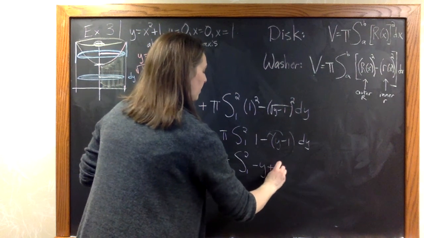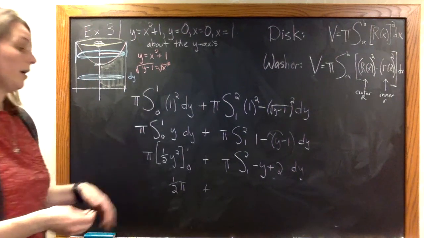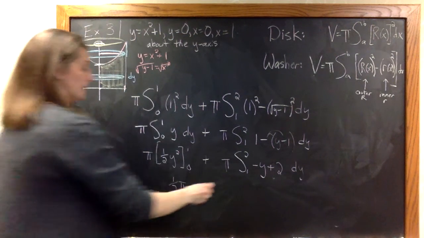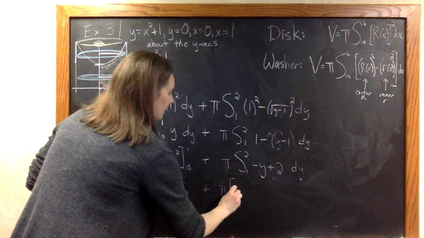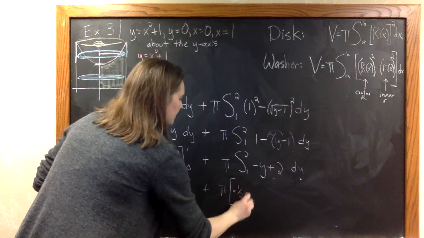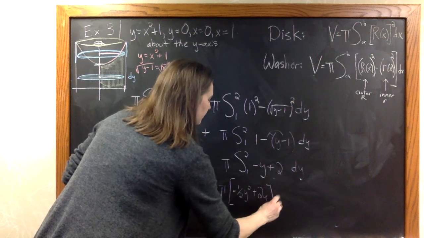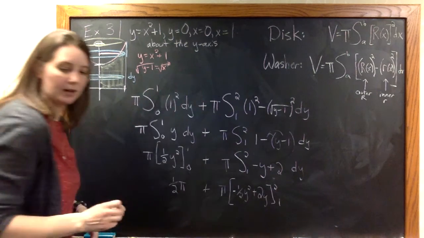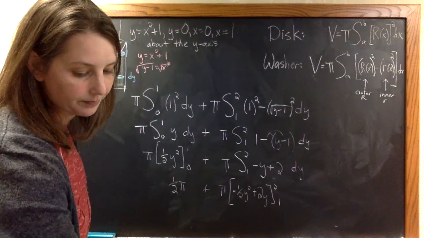So negative y plus 2. All right, and then that's what we're going to need to take the antiderivative of. Still got the pi out here. So we get negative 1/2 y squared plus 2y. I thought I was going to have enough room for all this. Now I'm doubting it. All right, let's see.